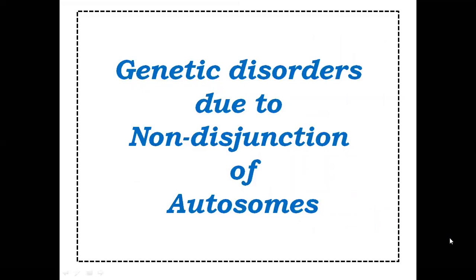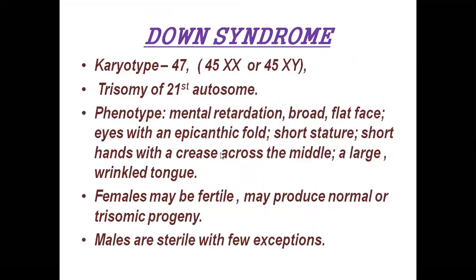Let us talk about the genetic disorders due to non-disjunction of autosomes. Autosomes are the remaining 22 pairs of chromosomes in humans. The first and foremost disorder associated with non-disjunction of autosomes is Down syndrome.